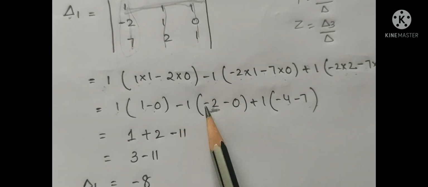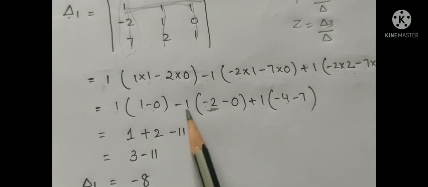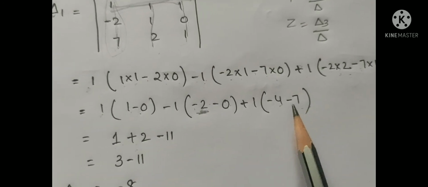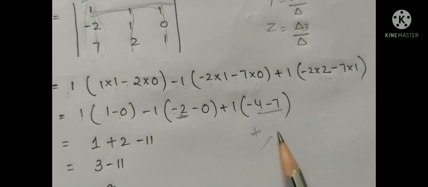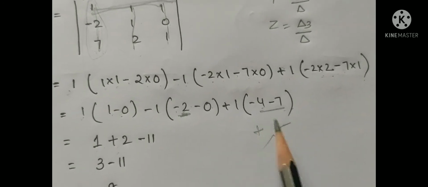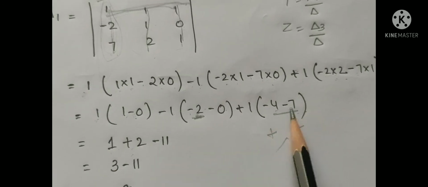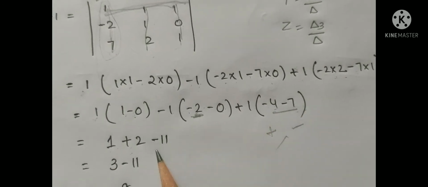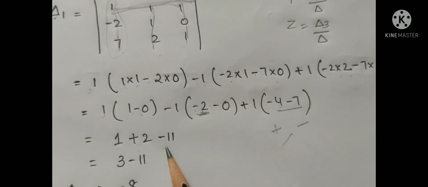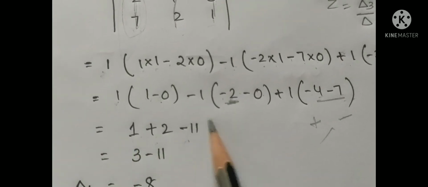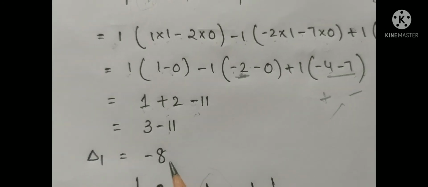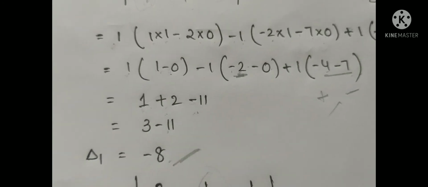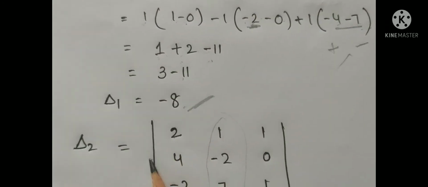So minus into minus plus, 2 ones are 2. When two numbers are negative, we add them, but the sign will be minus only. So 4 and 7 is 11, but it is -11. Now simplify this. 1 plus 2 is 3. 3 minus 11 is -8. Delta 1 is -8.